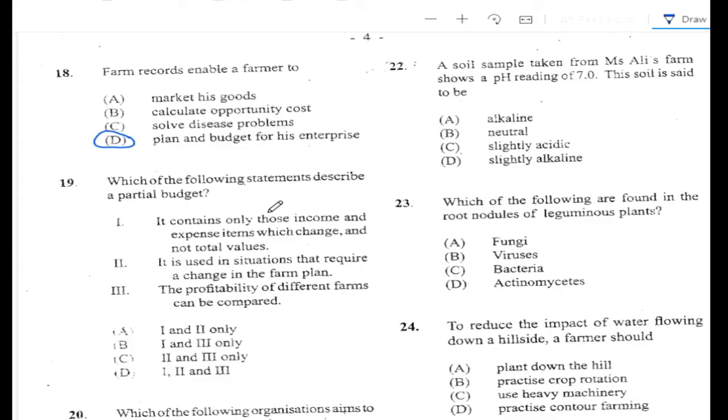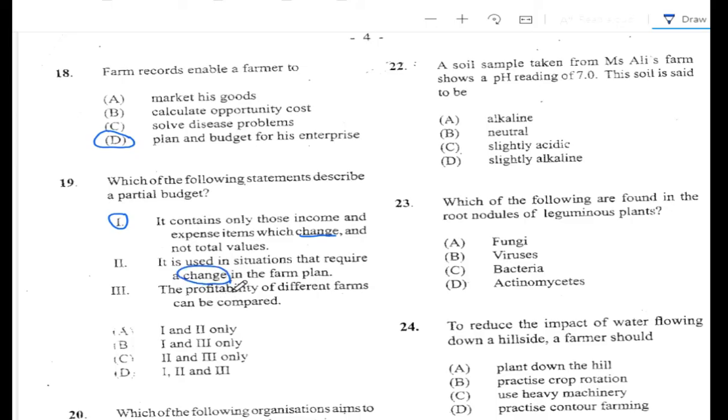Question number 19. Which of the following statements describes a partial budget? 1. It contains only those income and expense items which change and not total values. So which change? That would mean yes. 2. It is used in situations that require change in farm plan.